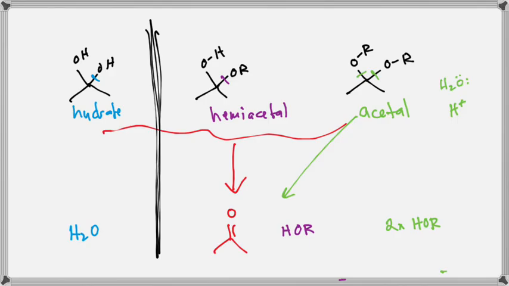That acid can protonate one of the oxygens of our ORs, turning it into a great leaving group. Fantastic. Once it's a great leaving group, what could happen? It leaves, which would leave behind a positive carbon, also known as a carbocation.